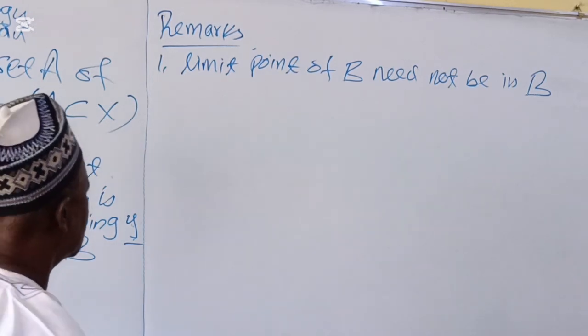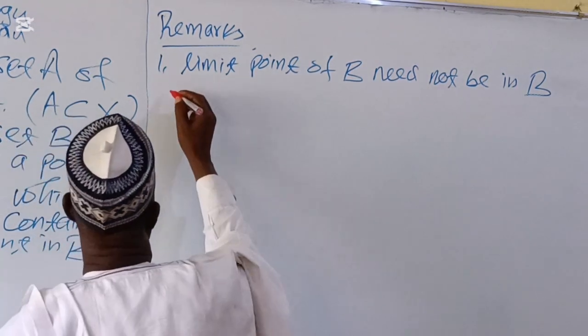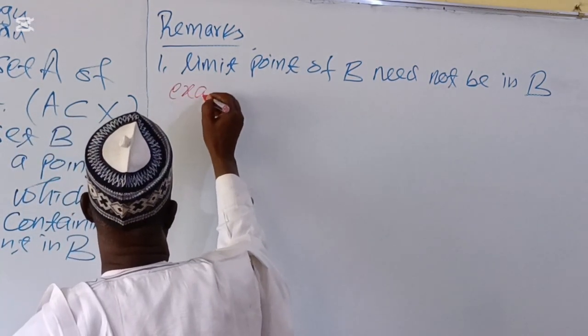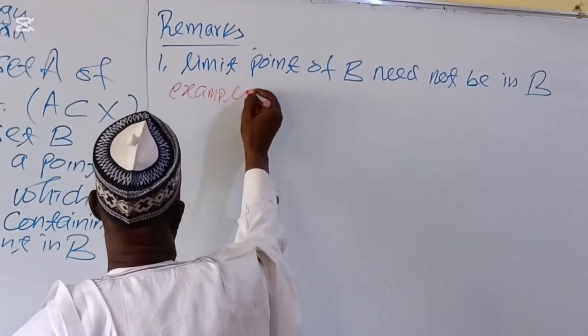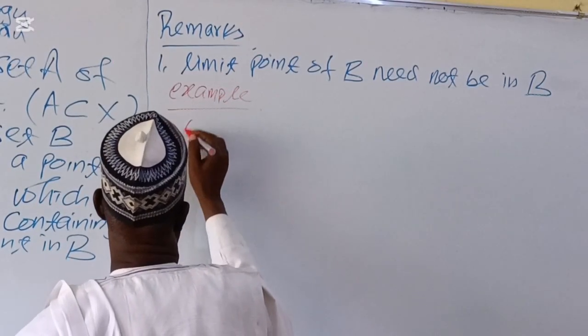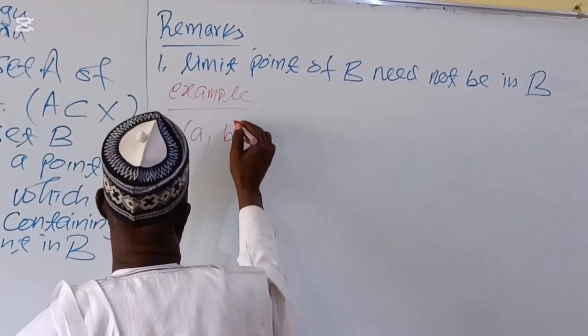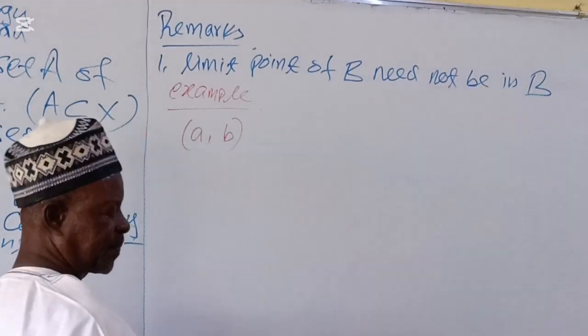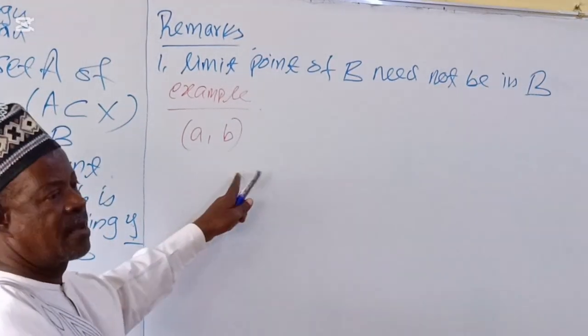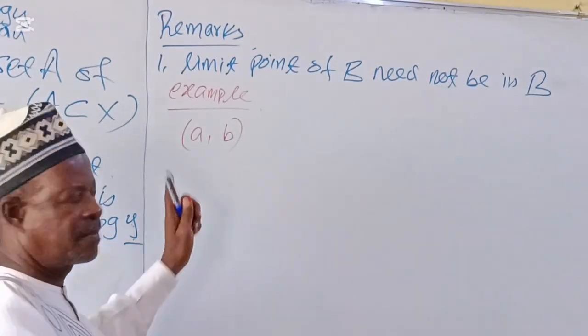For example, now, let me give you an example. We have open interval (A, B), okay? Then A and B are limit points of the interval, isn't it?